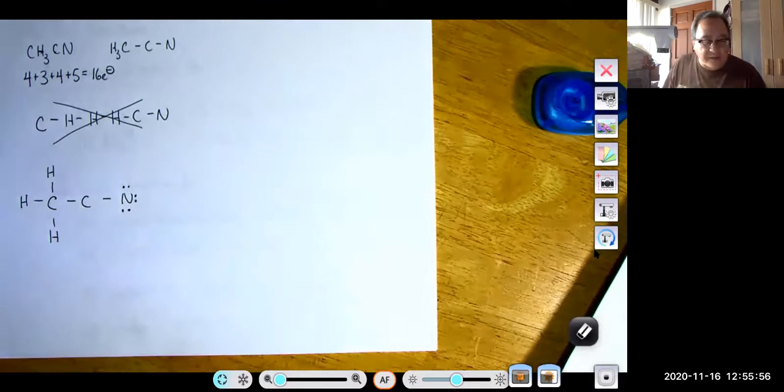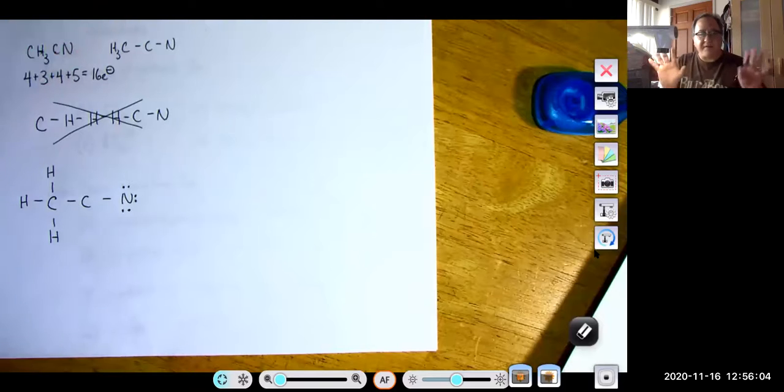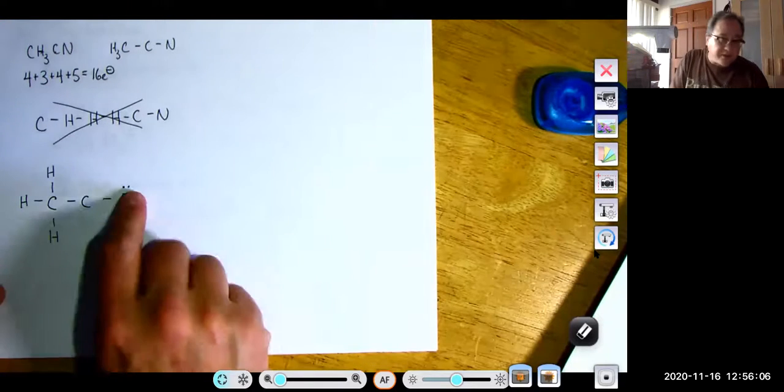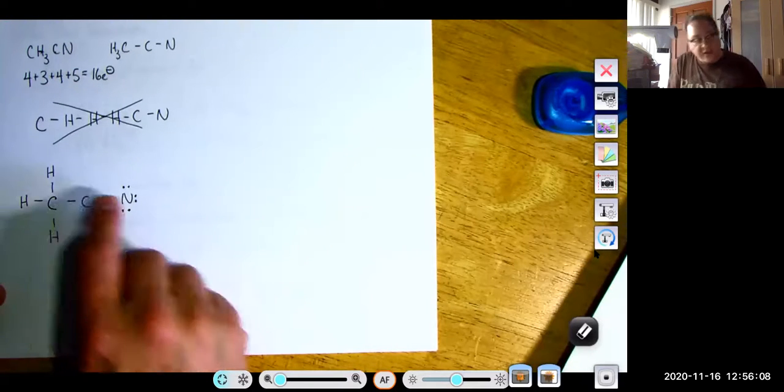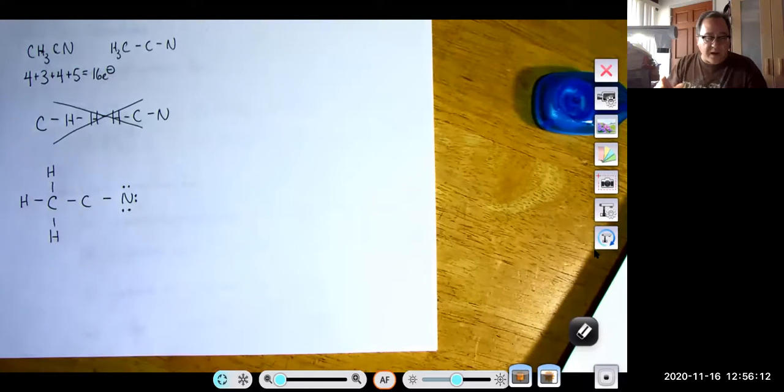So the idea here is that when you're trying to put lone pairs on these surrounding atoms, you keep going until you get an octet. You don't try to be fair and say, well, I'm going to put 2 here and then 2 here and then 2 here. Don't do that. You put the lone pairs on the surrounding atom until it has an octet before you even think about the middle atom.